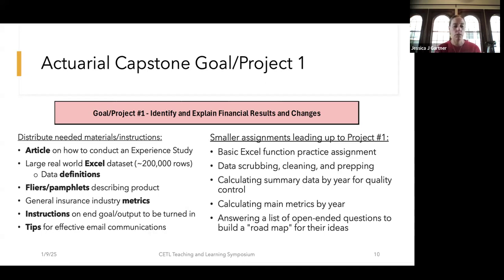And then I do give them specific instructions on the end goal and what the output is. And I think if you don't do that, every student will turn in different levels of work. Some won't turn any output in. So they need very specific instructions and rubrics on what it is that they are turning in.